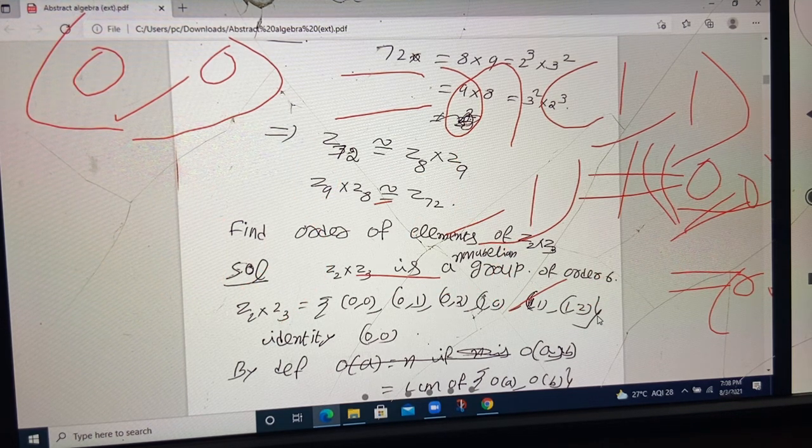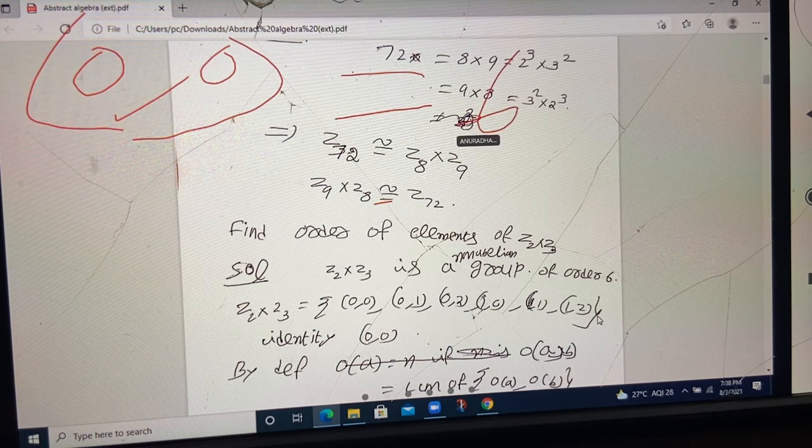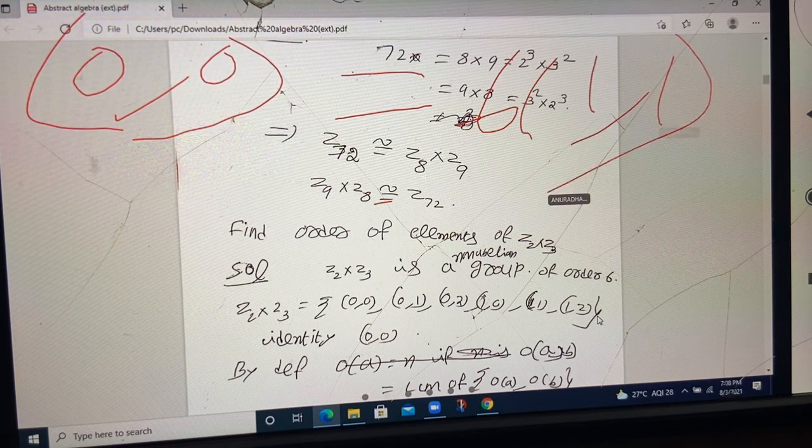Like this, if you do 3 into that, no. 4 into that, no. 5 into (1, 1) is (5, 5), which is not (0, 0). You will get it for 6. 6 into (1, 1) will be equal to (6, 6).